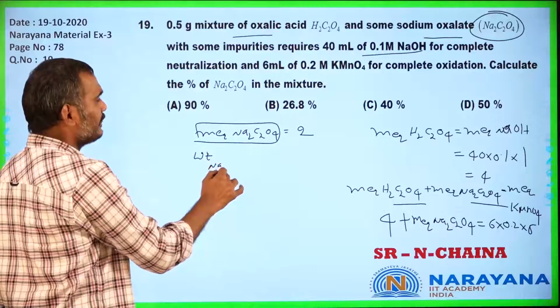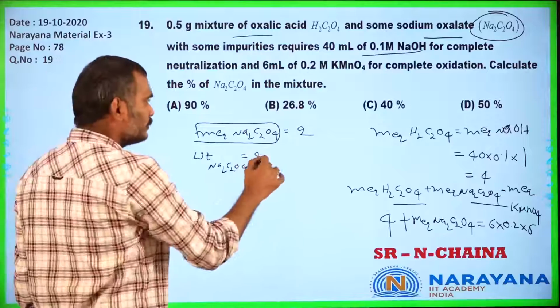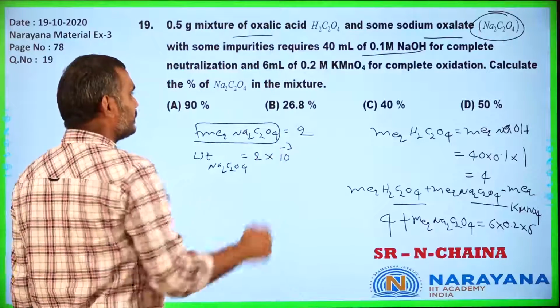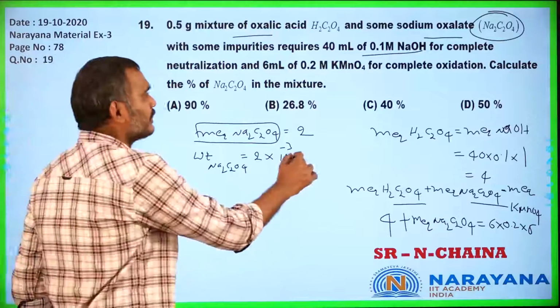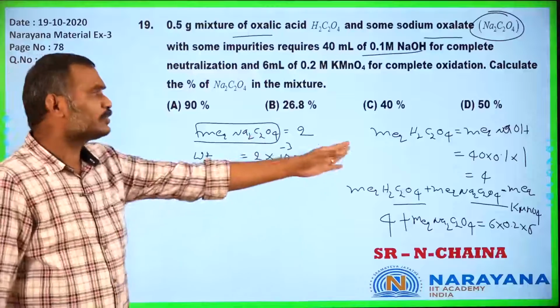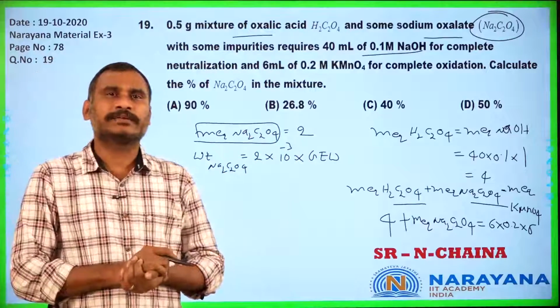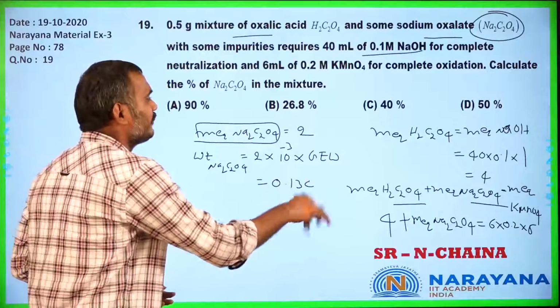Weight of Na2C2O4 is equal to 2 into 10 power minus 3, converting milli equivalence into equivalence, times gram equivalent weight of sodium oxalate. After substituting, you will get the answer 0.134.